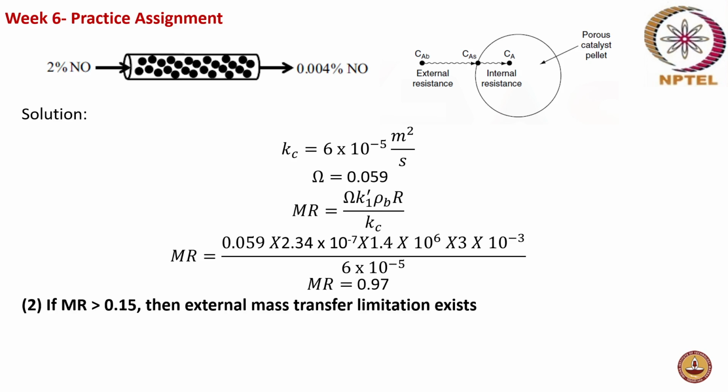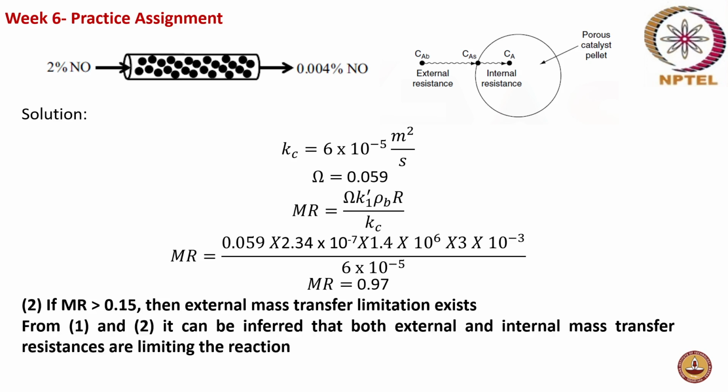We know that if the Mears parameter is greater than 0.15, then there exists an external mass transfer limitation. So here in this case, we have our Mears parameter to be 0.97, which is obviously greater than 0.15. That means there exists an external mass transfer limitation.